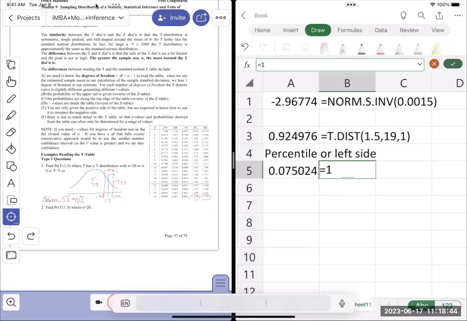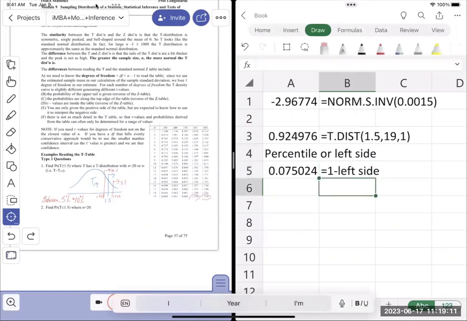Hold on, I want to put the formula in that I made here. I'm going to say 1 minus. Okay, so what was your question?